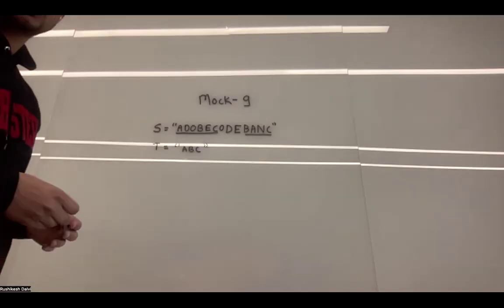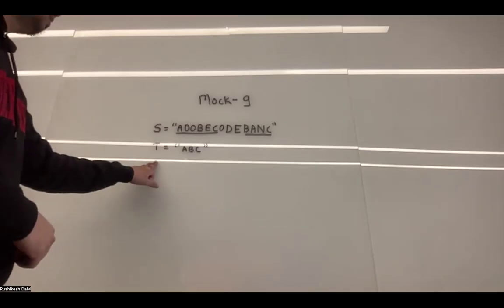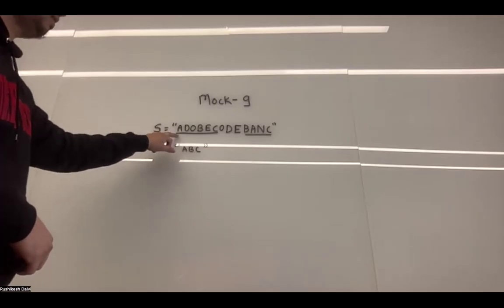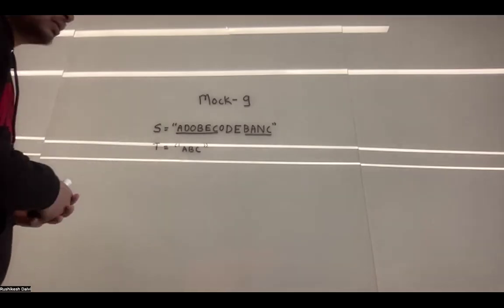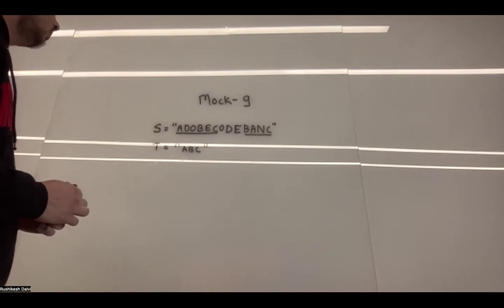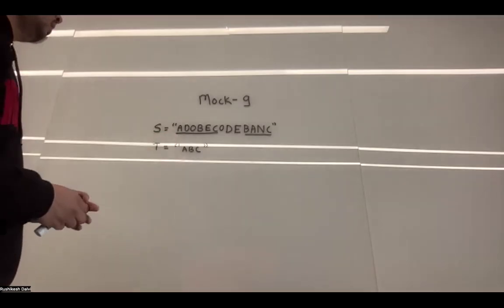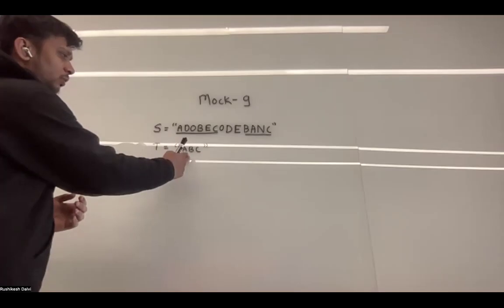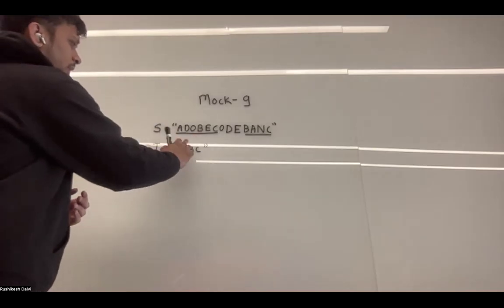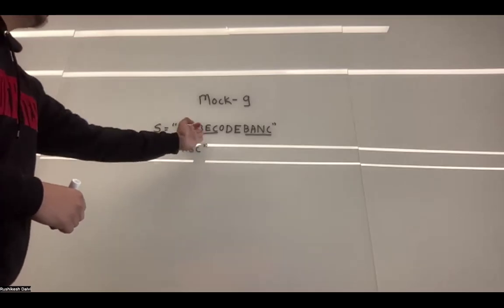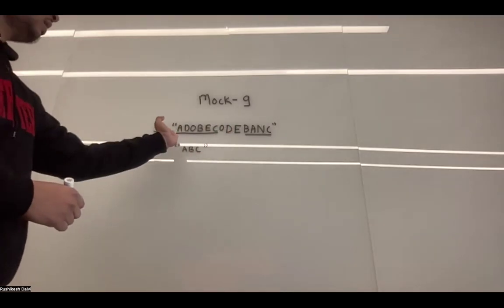So the brute force approach that comes to my mind is, let's say, I will take the first character from T and search for A in S. With two for loops, I will iterate over both the strings and try to find the matching characters in S. So let's say I find A, and then I will move my outer loop to B and try to find B in S. After that, I will move my outer loop to C and iterate through the S string.